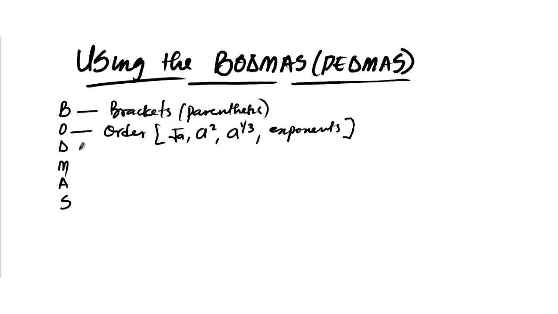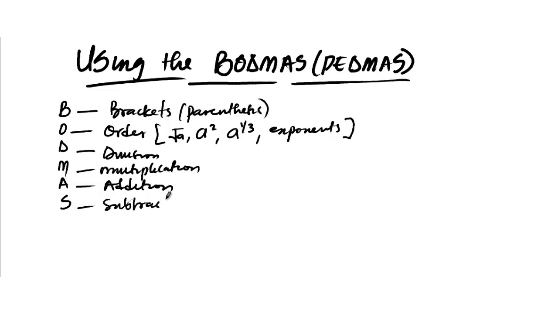You prioritize them. Then D represents division. Then M represents multiplication. Then A represents addition. And S represents what? Subtraction. So this BODMAS, also known as PEDMAS in this case, talks about the order of operation, from the left to the right.